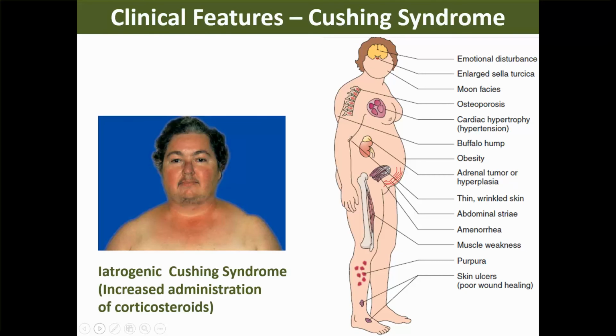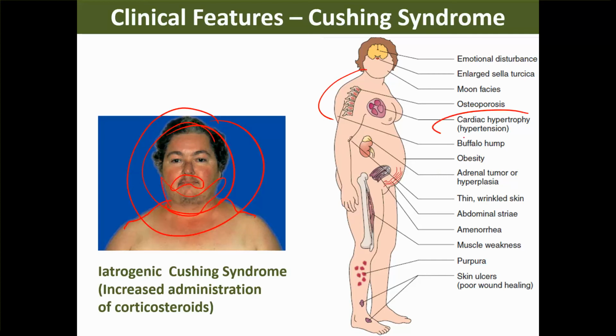What is Cushing syndrome? Syndrome means it involves a lot of systems. This is a female. She has a male distribution of hair, her face becomes moon-like, and there is a lot of fat distribution around her shoulder. In the back you can see the buffalo hump, and these are the most important features.